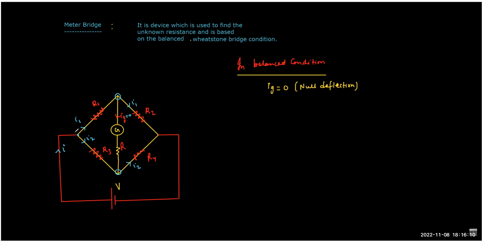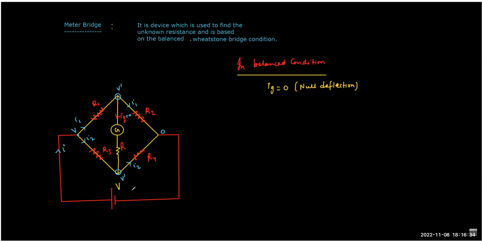So if I call this potential as V, and if I call this potential as 0, so it is representing the same cell. And if I call this potential as V dash, then this must be V dash also, correct?